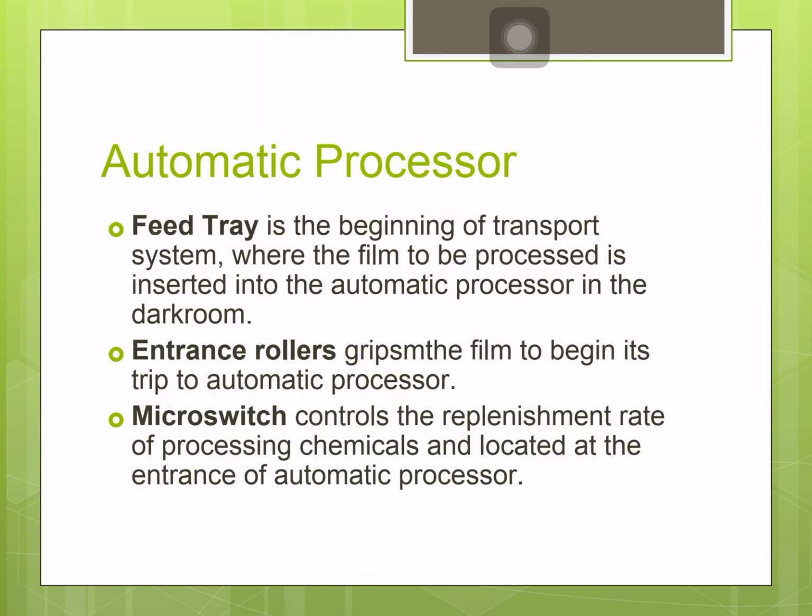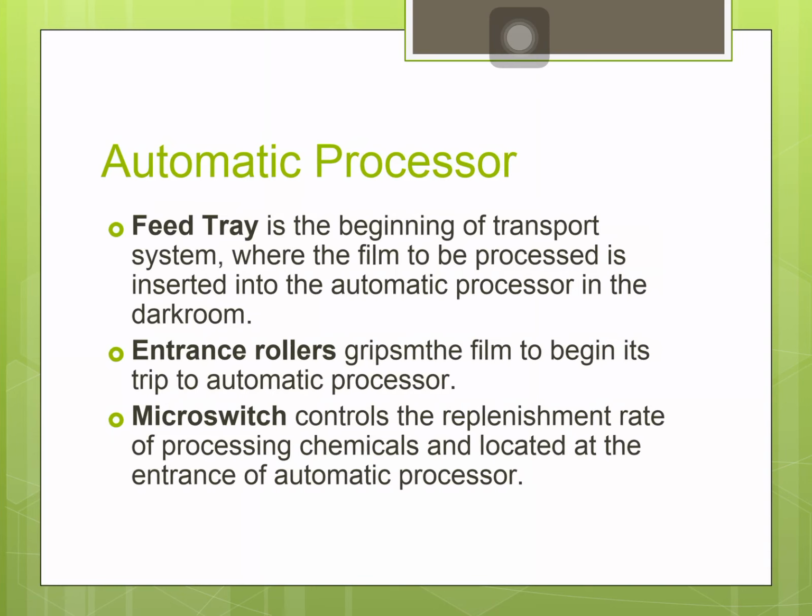So, there is a microswitch control at the entrance of our automatic processor that controls the replenishment rate of processing chemicals. So, ano ba yung replenishment? So, since it is an automatic processor, yung chemical tanks nasa loob. So, the replenishment, kailangan umiikot yung ating mga chemical solutions or nagre-restock yung ating chemicals sa loob para hindi siya maging stagnant.